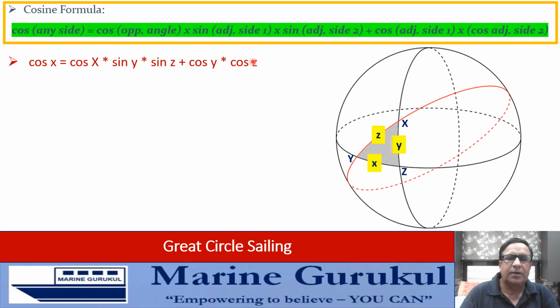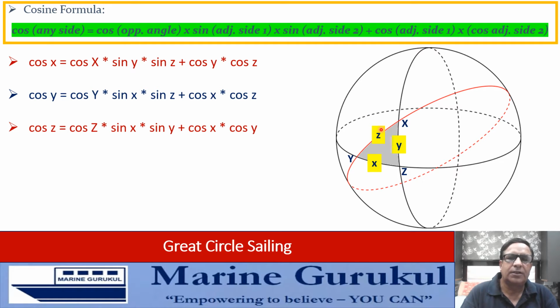The formula can be written again for cos y, and for cos y obviously opposite angle is capital Y and adjacent sides are small x and z. Similarly for cosine of z, opposite angle would be Z, adjacent sides would be small x and small y.